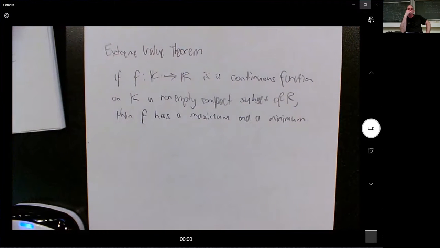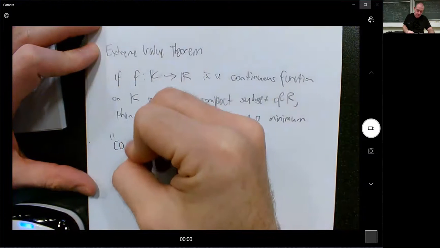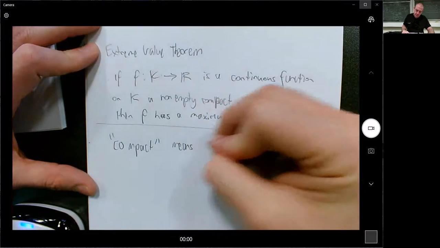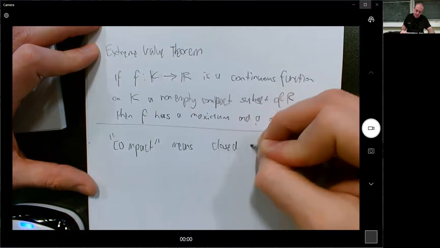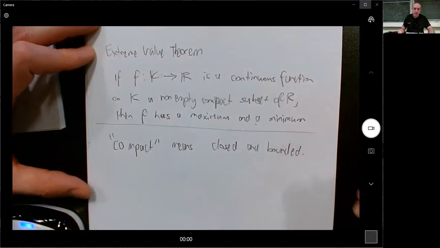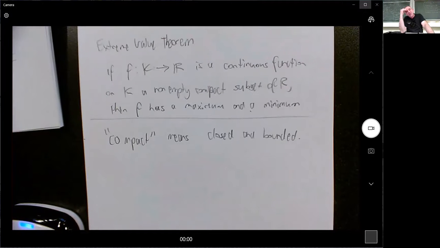So there are some words here. Compact means closed and bounded. Is that right? I have a feeling that's not the definition of compact, but it is the truth, so it'll be okay.